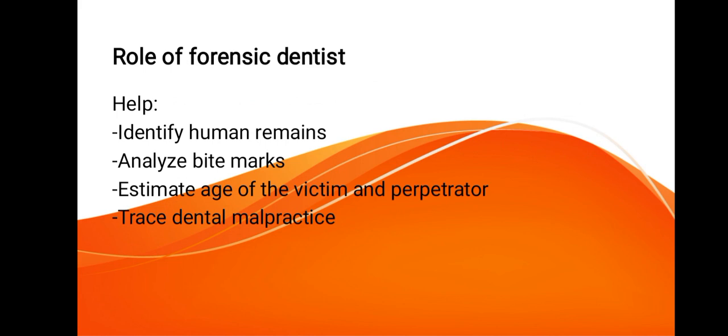The dental records compared are the postmortem dental records and the antemortem dental records. The postmortem dental records show the state of the dentition of the unidentified body after death. The antemortem dental records show the dentition of a missing person before death, or even before they went missing.